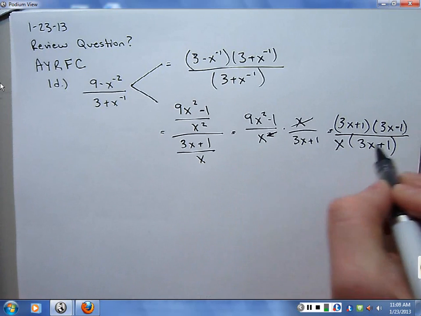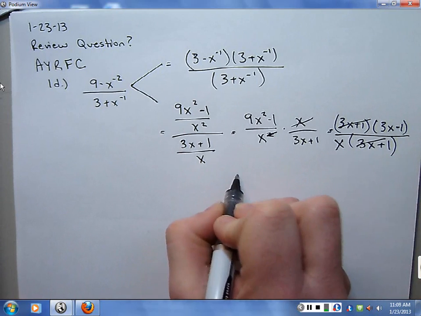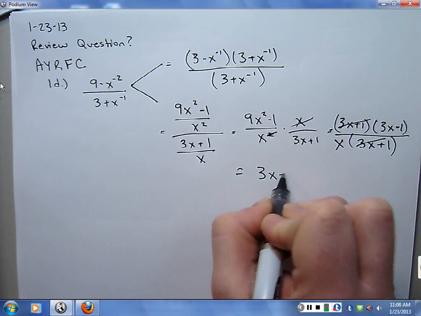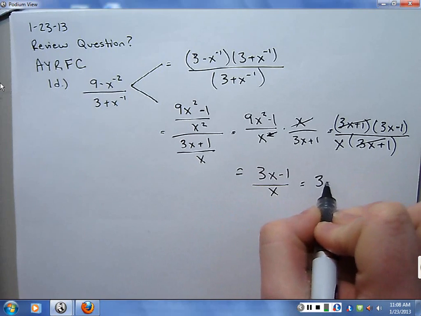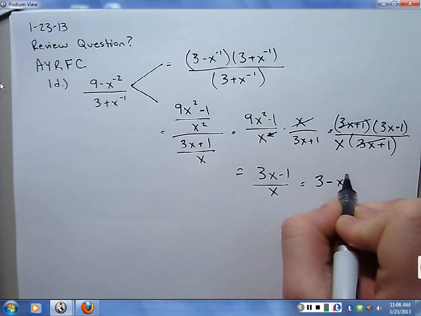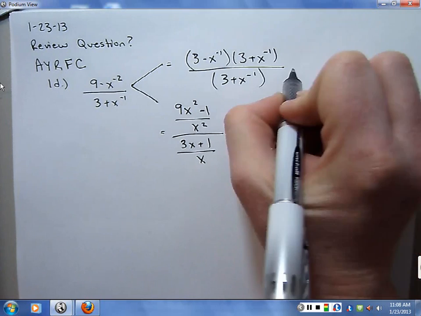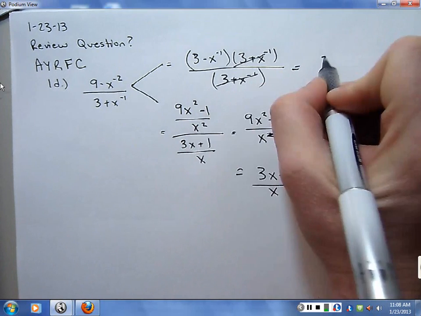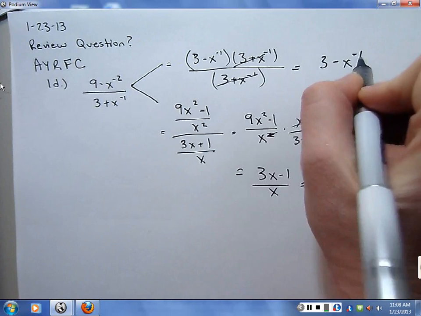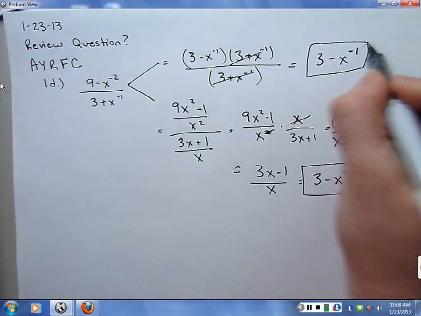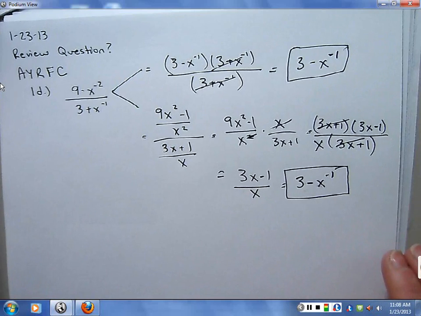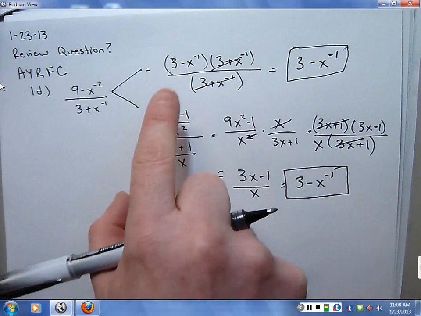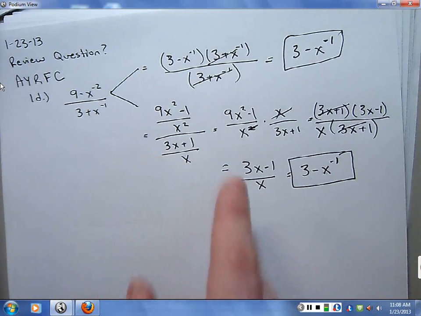So the 3x plus 1 cancels and 3x plus 1 canceled, and I'm left with 3x minus 1 over x, which would be 3 minus x to the minus 1. Which up here, if I canceled these two, would be 3 minus x to the minus 1, which would be the same answer. So more than one approach. This one's a little cleaner, but this one gets you there.